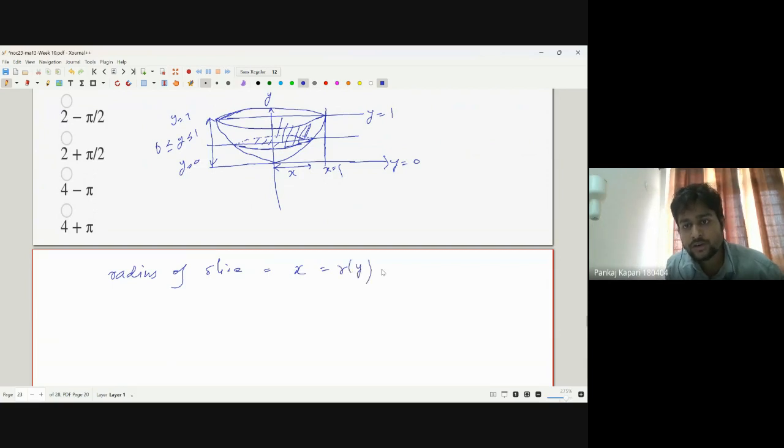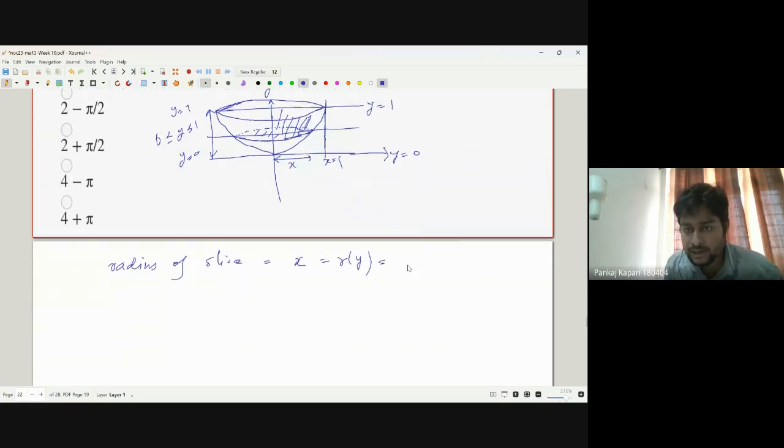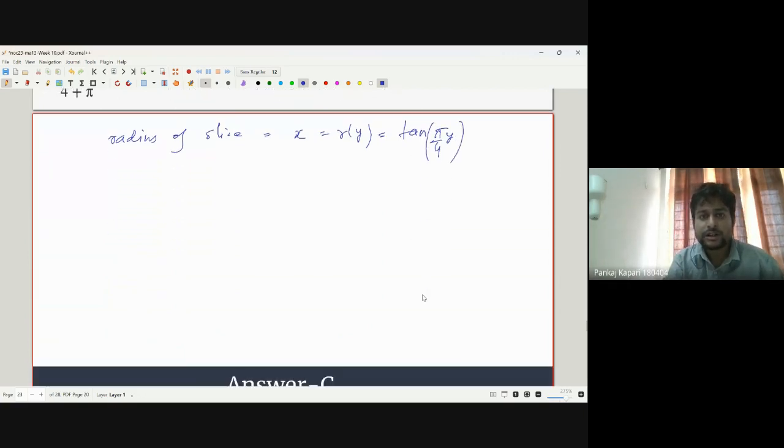Because we want to write it as a function of y, then it is just tan of pi by 4 y. Okay. So this is the radius, and then you can find the area of the slice, Ax. It is just pi radius squared, so it's pi tan squared of pi by 4 y.